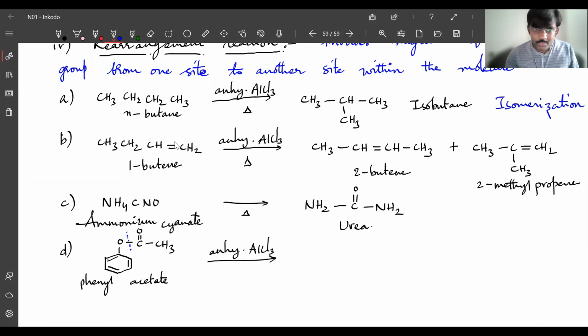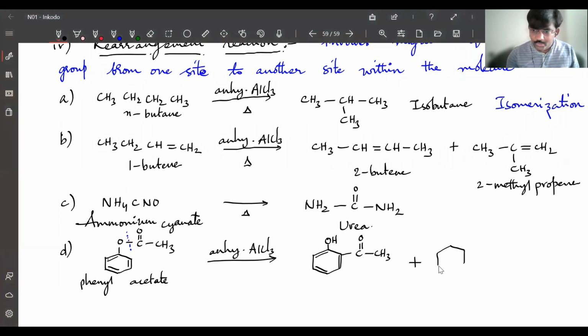So now what I'll get is, here that bond is broken, it will come out as OH, and that COCH3 part will attach to this ortho position, or else it can attach to the para position also.